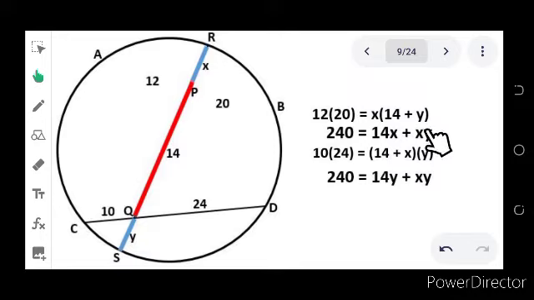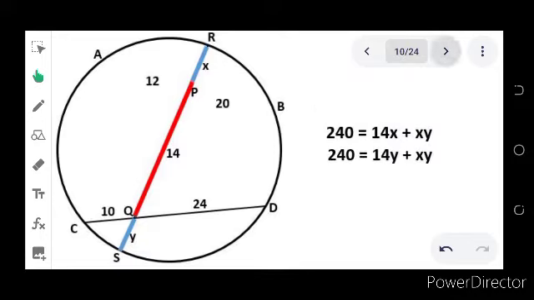Now, you have these two equations. Let's try to solve them: 240 equals 14x plus xy and 240 equals 14y plus xy. We subtract the two equations. That will give us 14y minus 14x equals 0, which gives us 14y equals 14x. This means that y is equal to x.